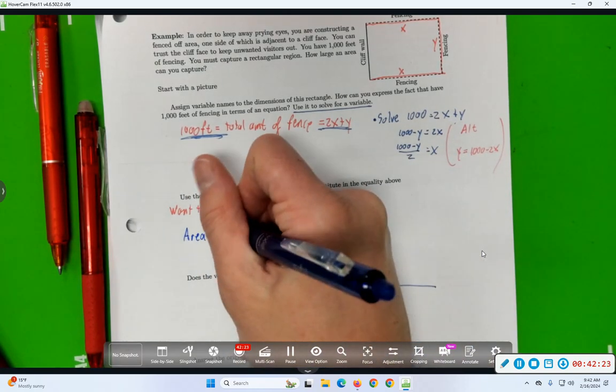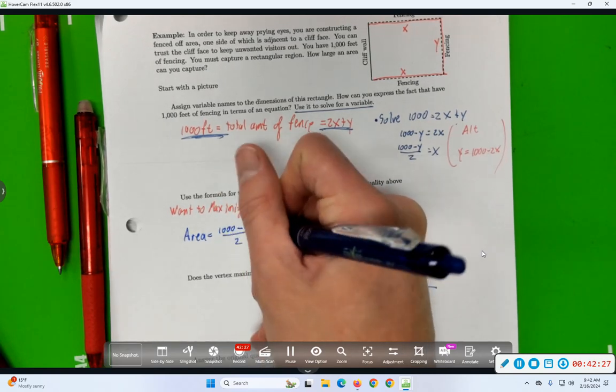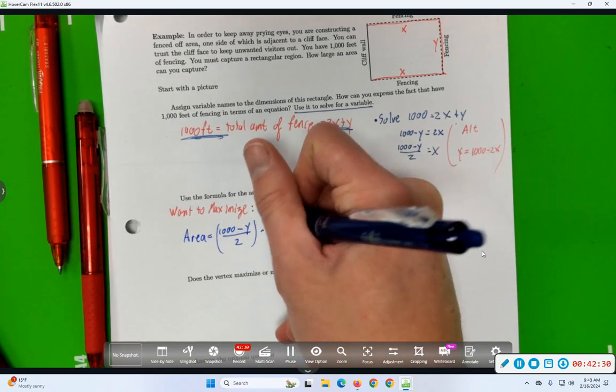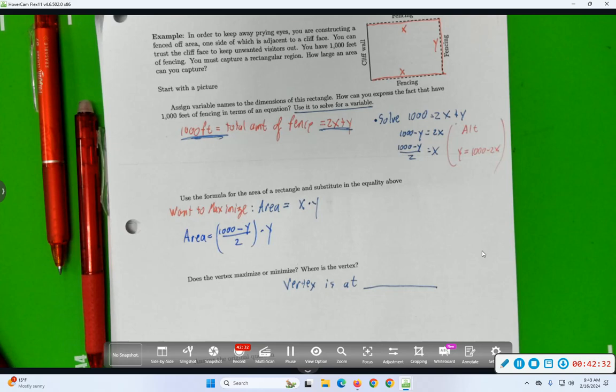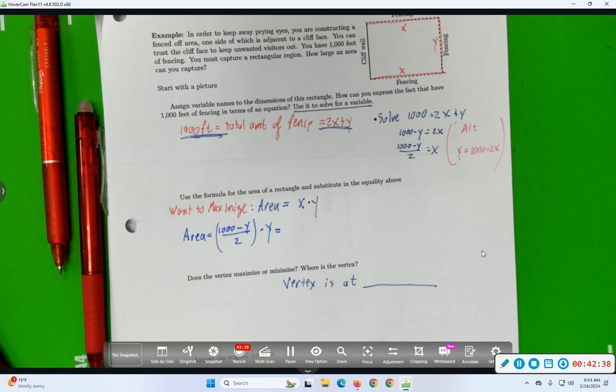So it'll be 1,000 minus y over 2 multiplied by y. I'd like to turn that into something that looks like a standard quadratic so I can use the vertex formula. So I guess that means I need to distribute that division and then distribute the multiplication by y.